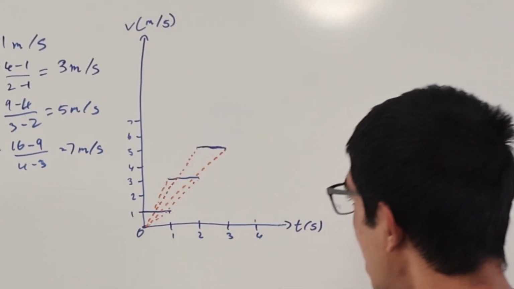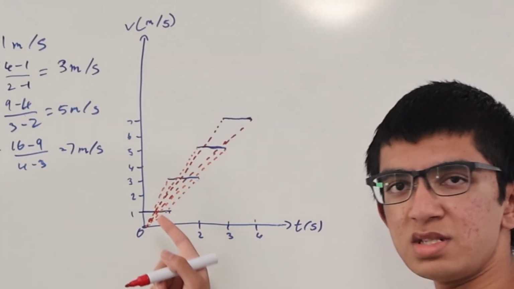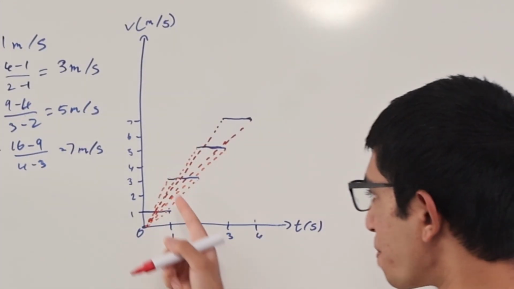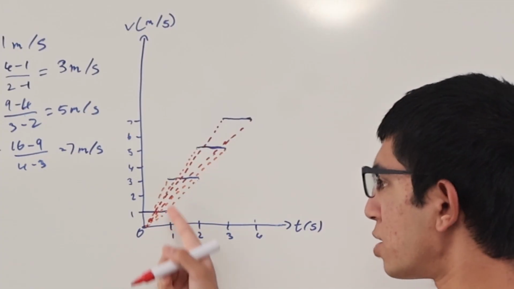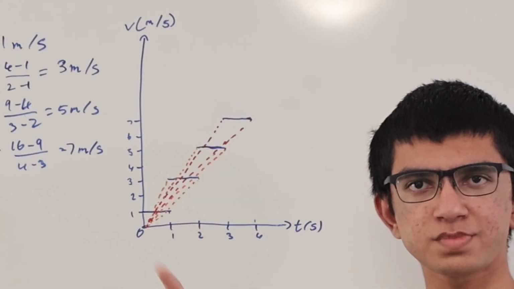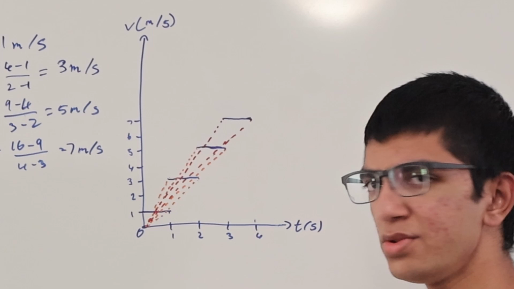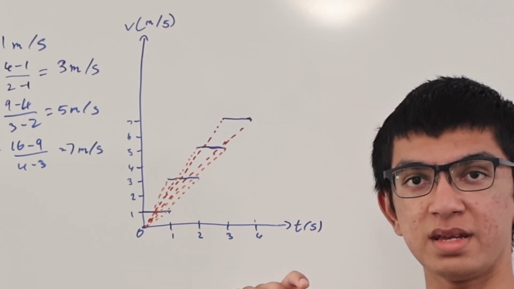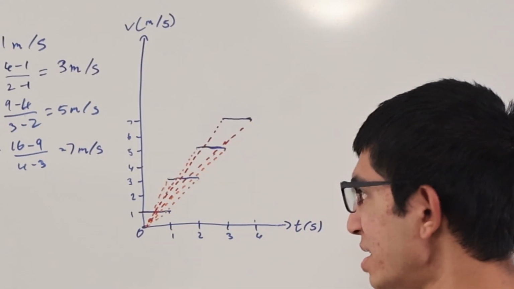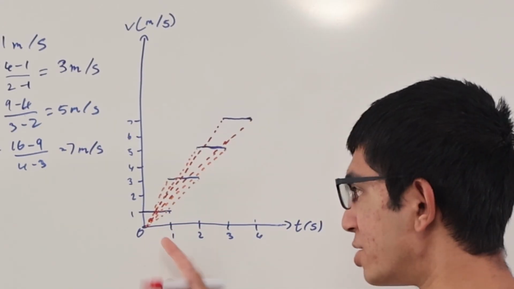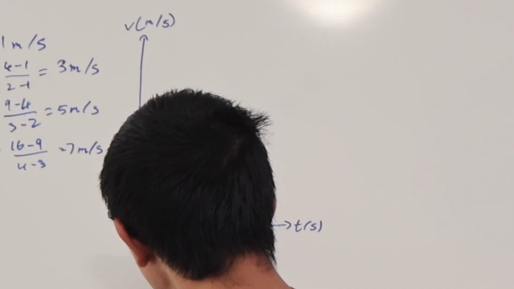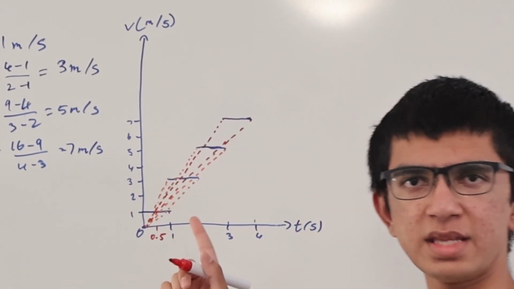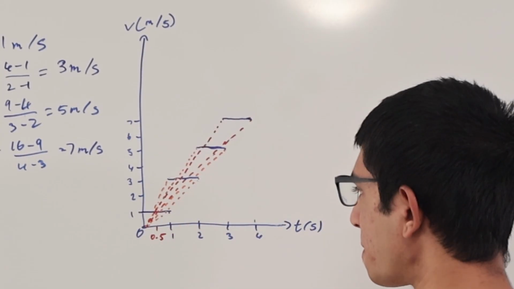And if we add our last one, you see that it's gotten so narrow that it's meeting somewhere in the middle of this line. So we can assume that my instantaneous velocity at the halfway point, so at 0.5 seconds, is 1 meter per second.